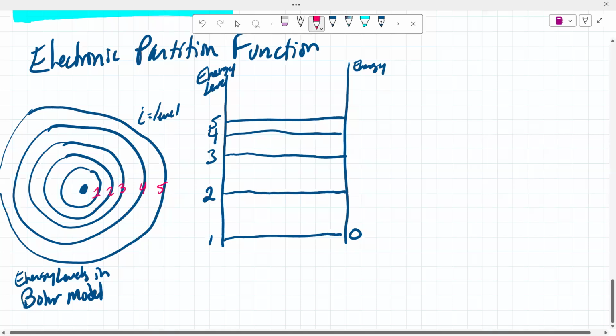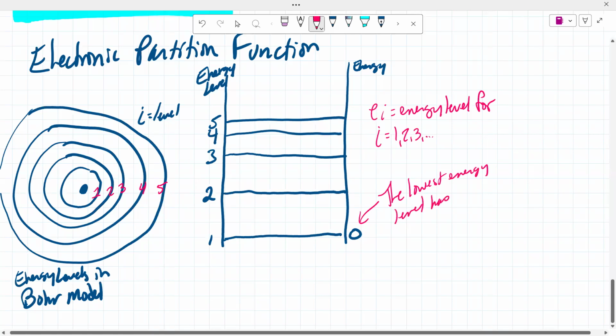So let's just make a few observations. E sub i is the energy level for i equals 1, 2, 3. And of course, you could do more, right? And here we see the lowest energy level has 0 energy.